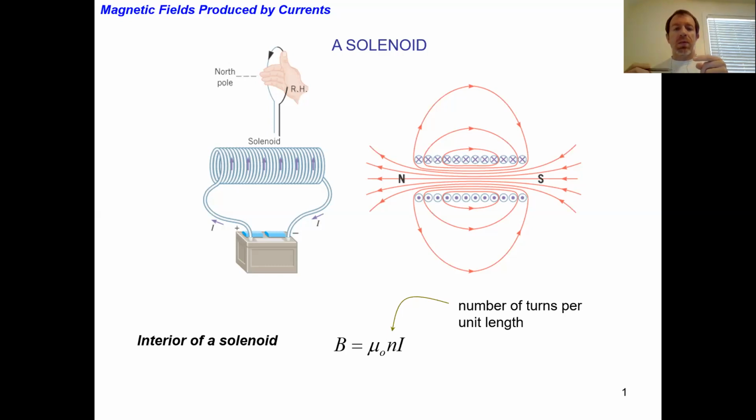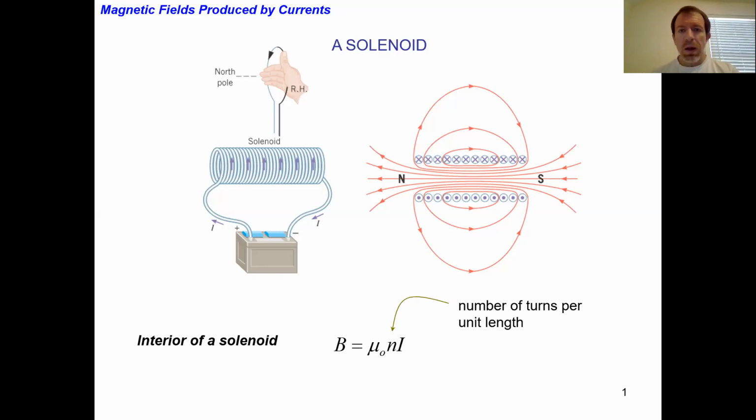So if this coil of wire is wrapped around 500 times, and the total length is, I don't know, 2 meters, then small n would be 500 turns divided by 2 meters. That'd be 250 turns per meter, and that's what we would plug in for small n.